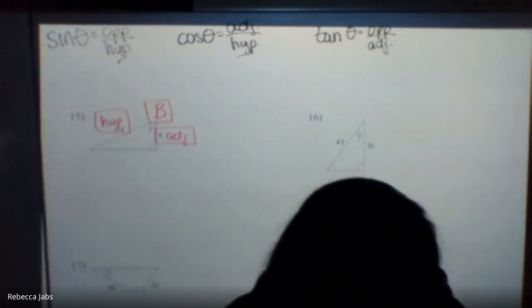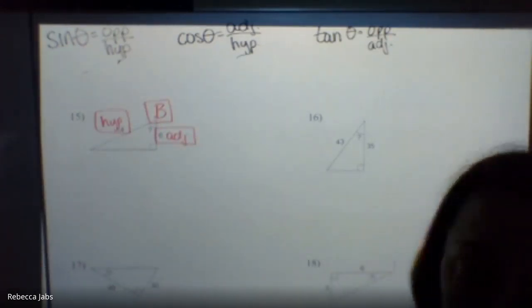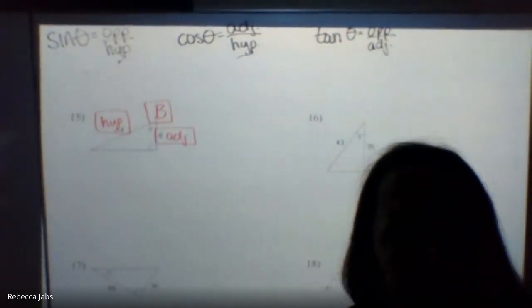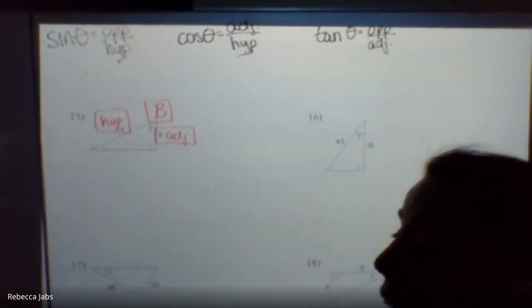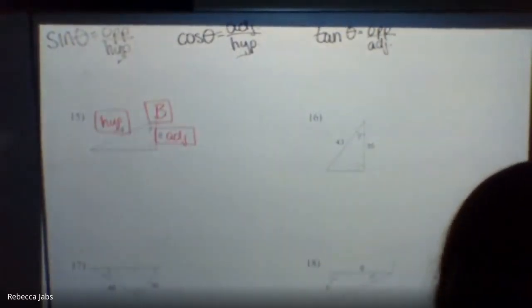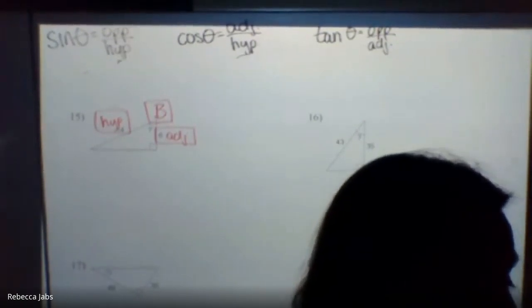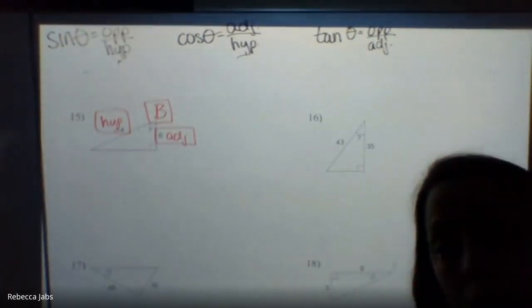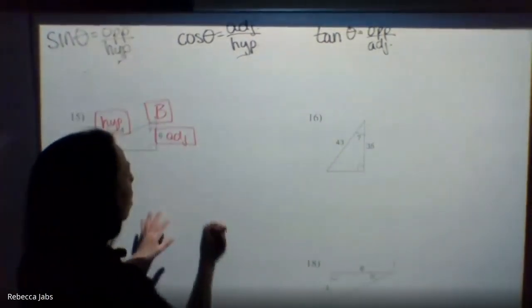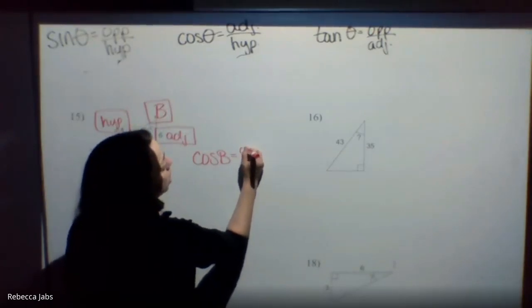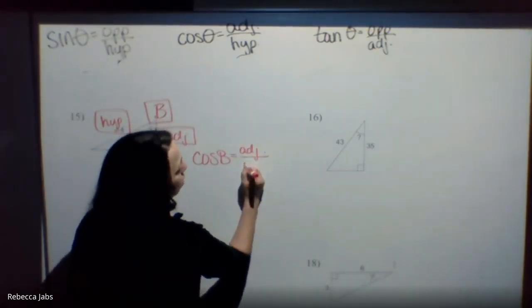Six is adjacent. 14 is hypotenuse. Once again, if I was in class, I'd be like, guys, we have a hypotenuse and adjacent. So Katoa, which one should we use? Adjacent and hypotenuse means we should use cosine. Thank you. So we're going to write cosine of B equals adjacent over hypotenuse.